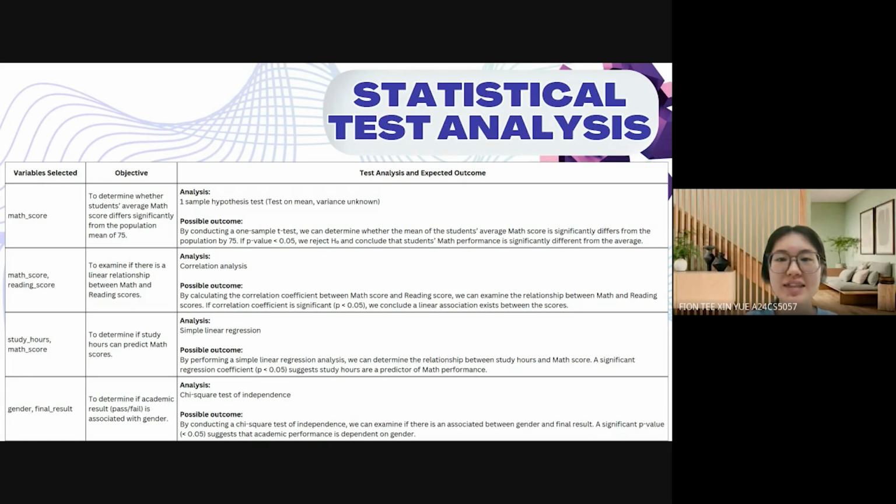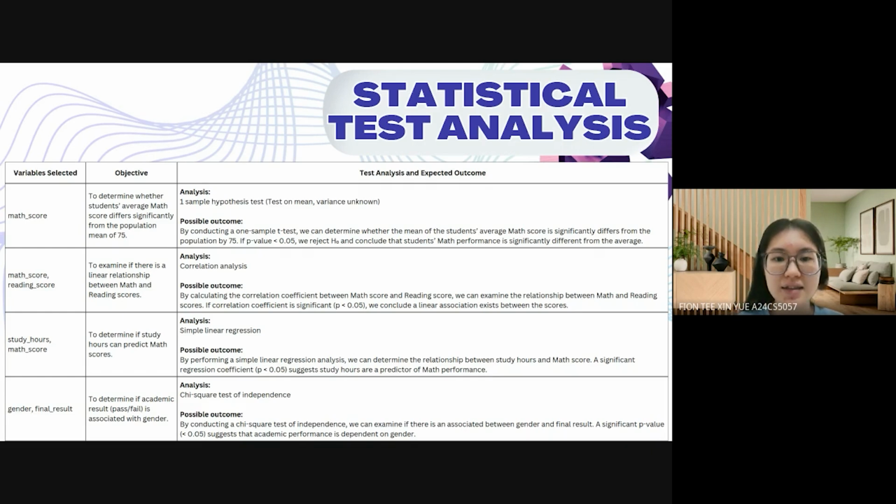The following is the statistical test analysis. The first one is a one sample hypothesis test on mean, variance unknown, to determine whether students' average math score differs significantly from the population mean of 75, and the variable selected is math score.